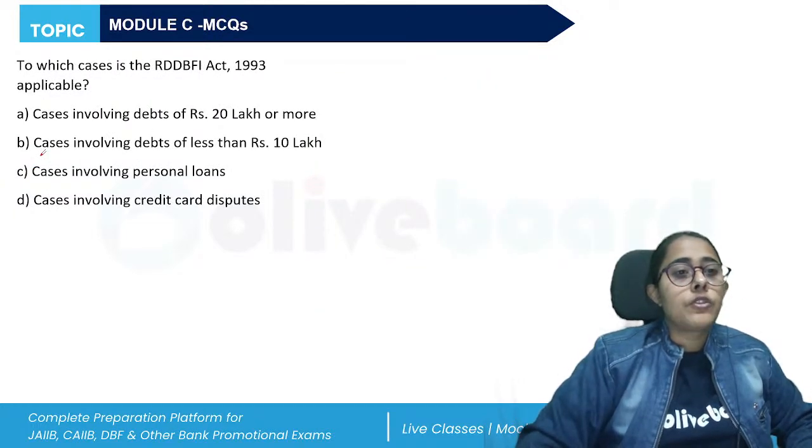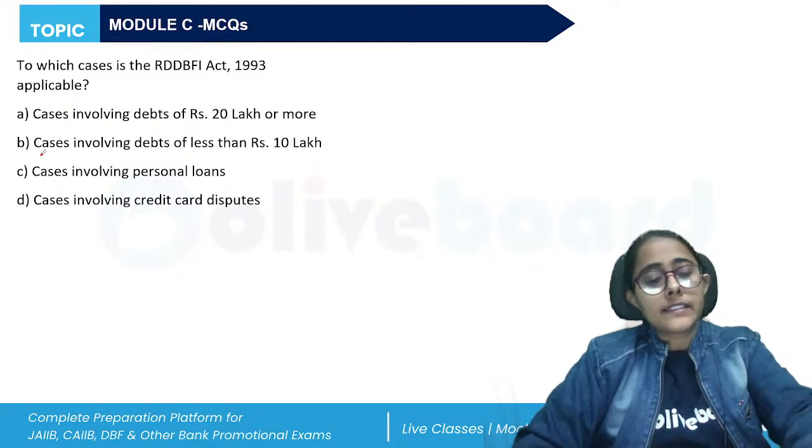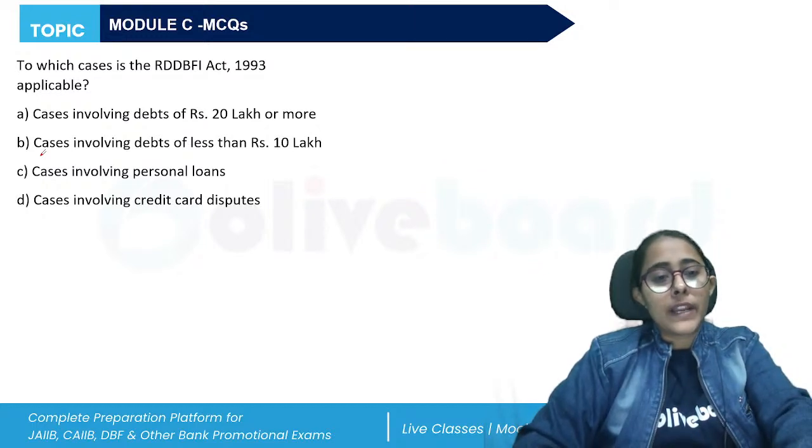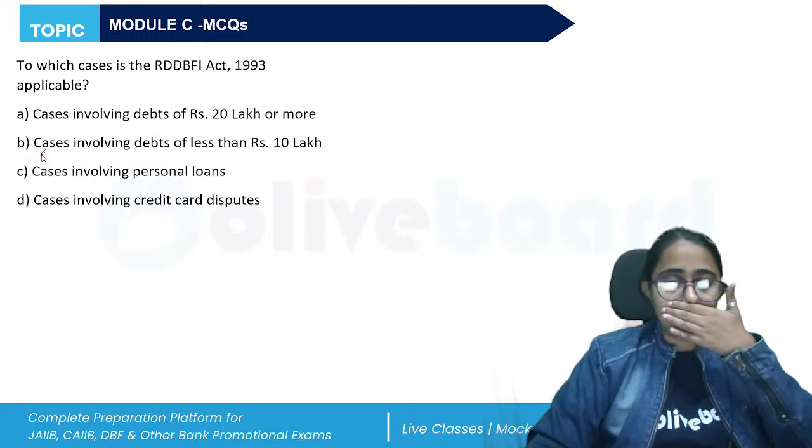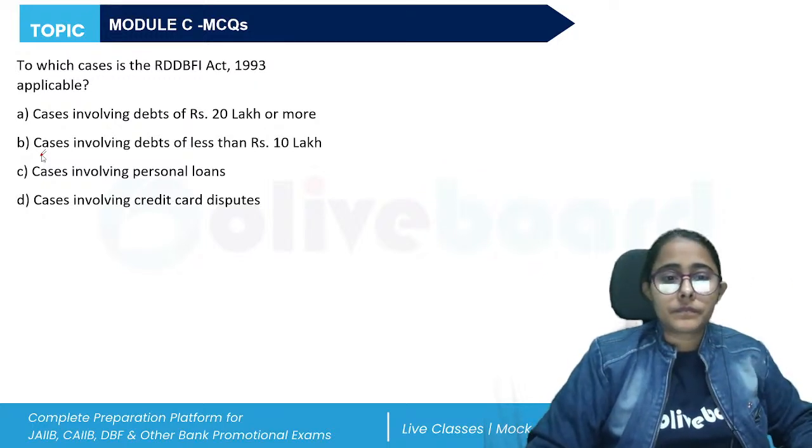Next, to which case is the RDD-BFI Act 1993 applicable? Cases involving debts of more than 20 lakhs, debts less than 10 lakhs, personal loans or credit card disputes.